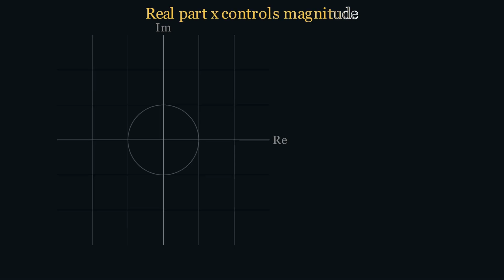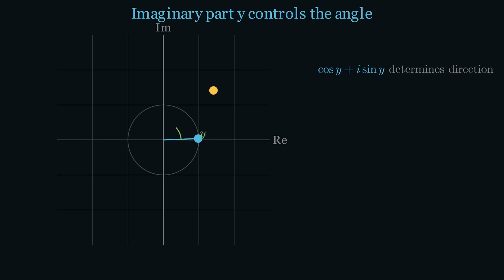The real part x controls the magnitude. e to the x stretches or shrinks. The imaginary part y controls the angle. Cosine y plus i sine y determines direction.